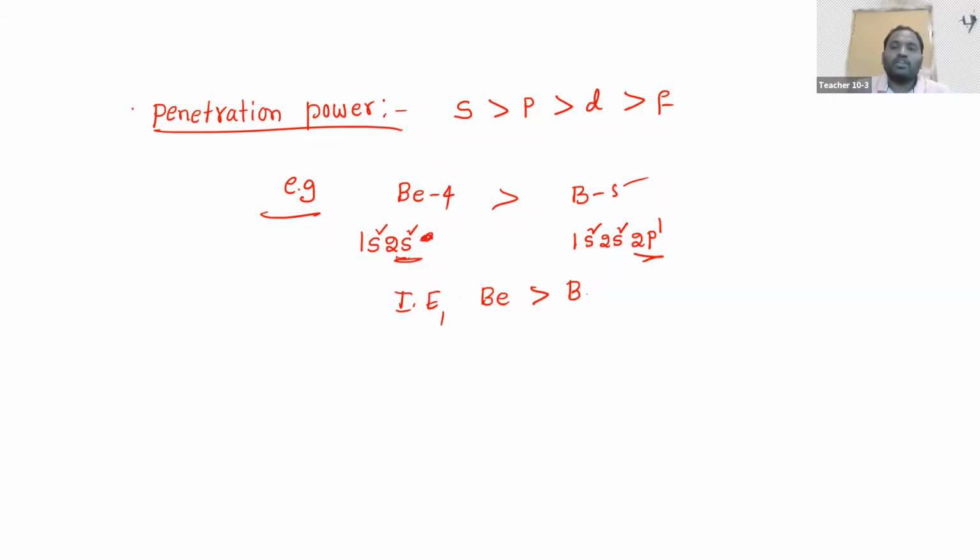Next side heading: variation of ionization energy in a period and group.